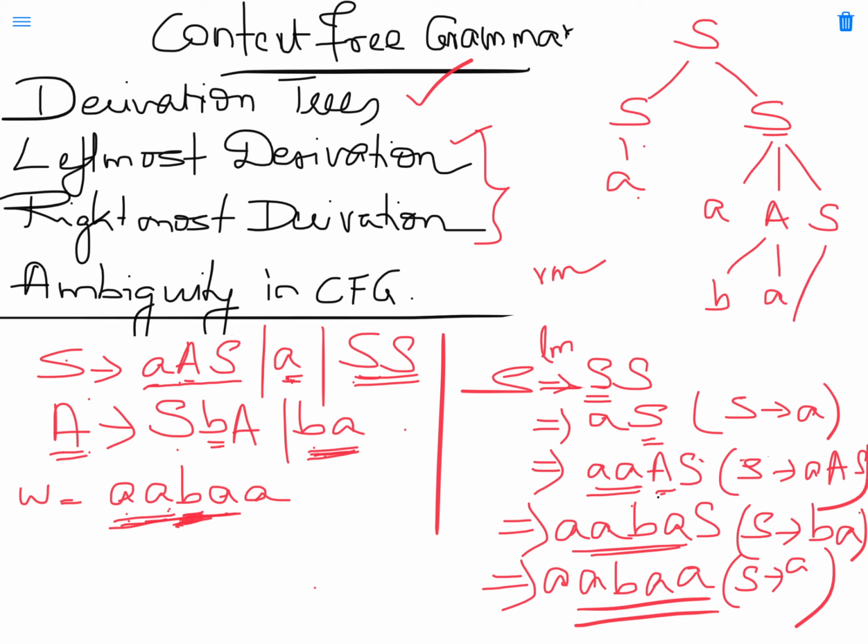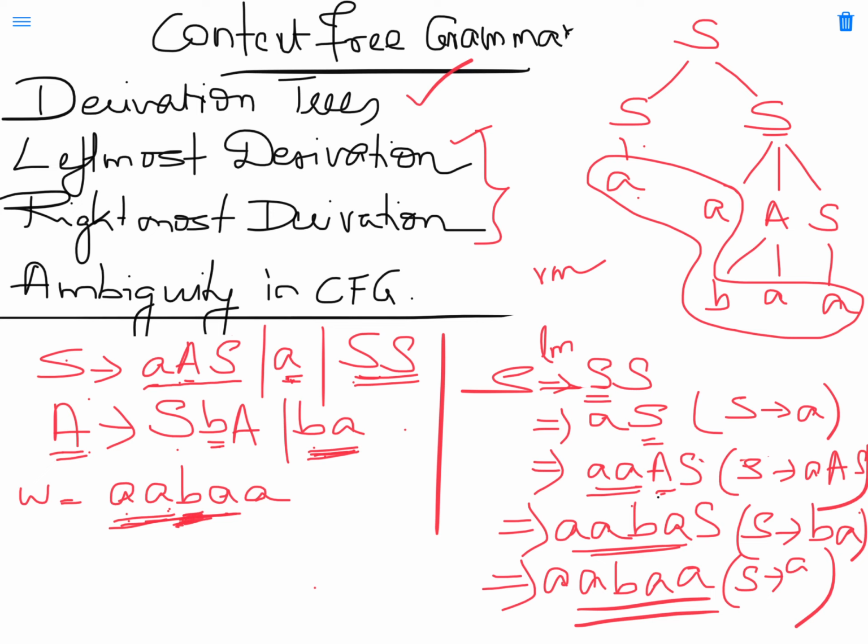And again S will be taken as A. Okay, so now you can see that the leaf nodes will be forming the string, and this will be the derivation tree.